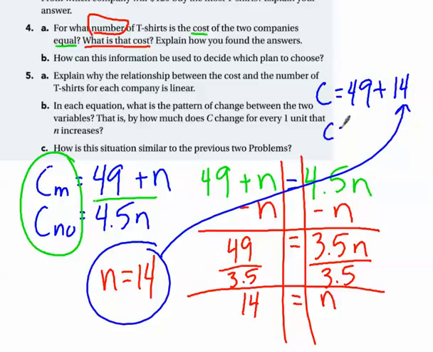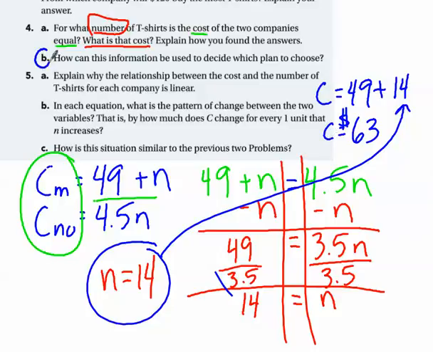And that means that the cost is equal to $63. When it's explaining how you found it, this would be acceptable, showing your work, and then substituting it in for one of the two equations.